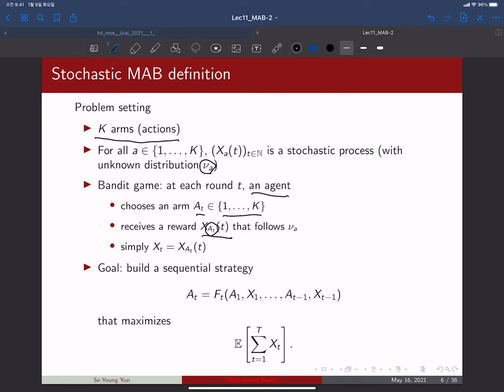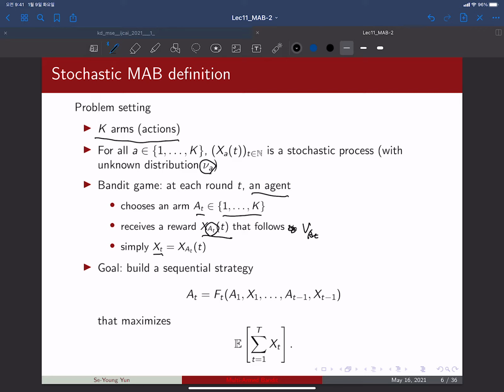X_{A_t,t} follows rho_{A_t}. So simply, I will use X_t to denote X_{A_t,t} for the remaining slides for ease of notation.